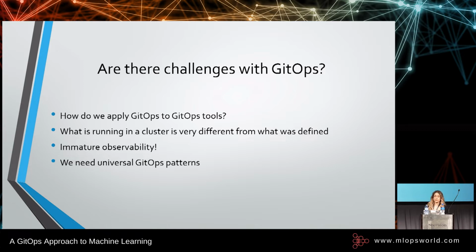But those objects are now nowhere to be found in code. They are not in Git. So Git is no longer the source of truth, and therefore we have the problem of what is running in the cluster, the actual state, now differs from the defined desired state in Git. And this, again, negates the principles of GitOps.